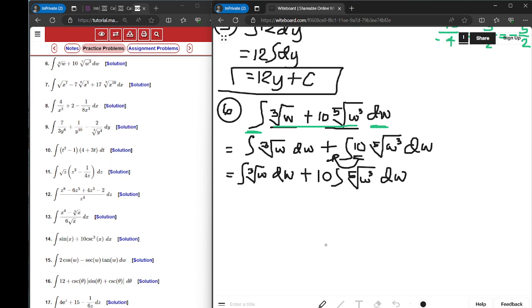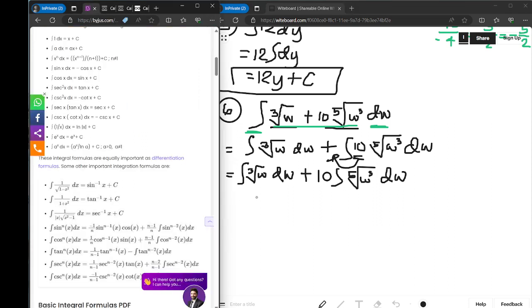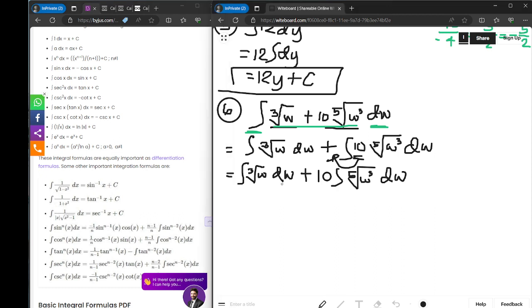Now, the problem here is that we don't have properties for expressions in this form. You have cube root of something. We only have here denominators, like the square root of 1 minus x squared. In the upper side, we don't also have those things. So, what do we do here?